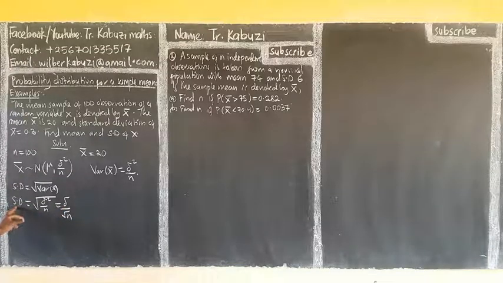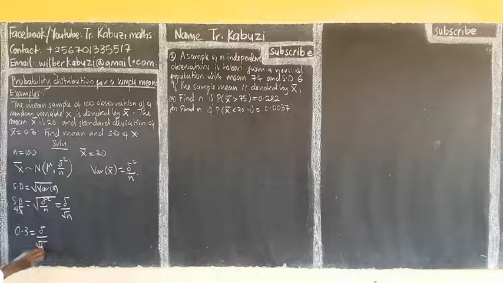Now, they gave us the standard deviation of the mean, so of x bar. Let me add that. They gave it to us as 0.3, which will be equal to sigma over root n, where n is 100. When we cross multiply, we have 0.3 times root 100 equal to sigma.